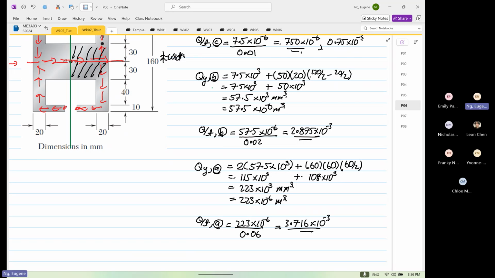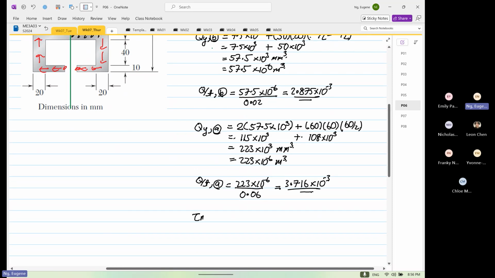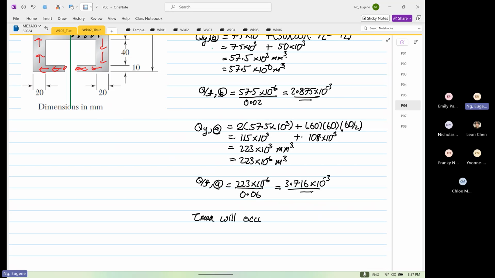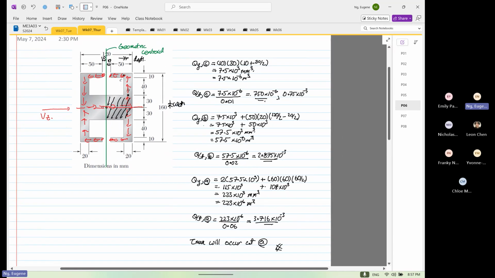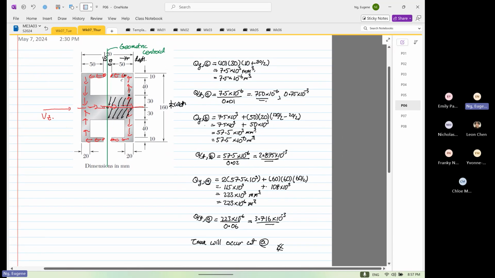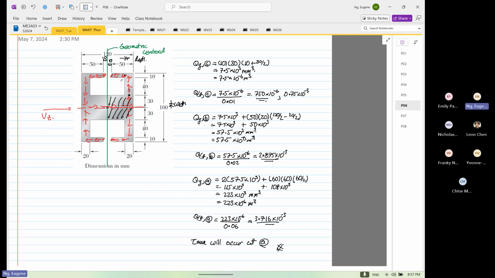So what you realize is that tau max for this case will occur at point A. So we have to be careful: not always, if the load shifted, will the answer be the same. That's all I have now.